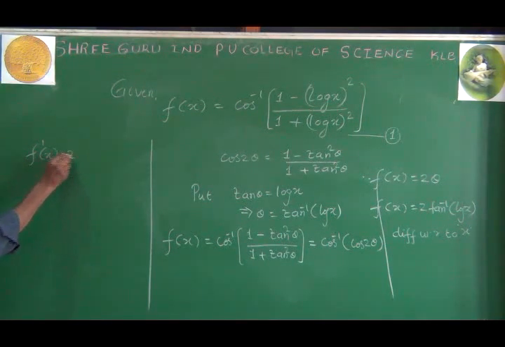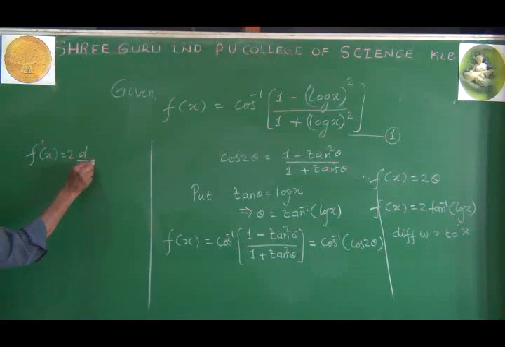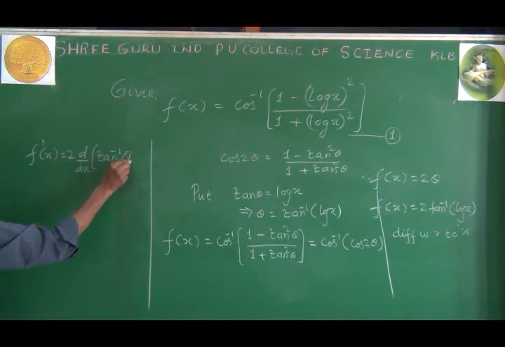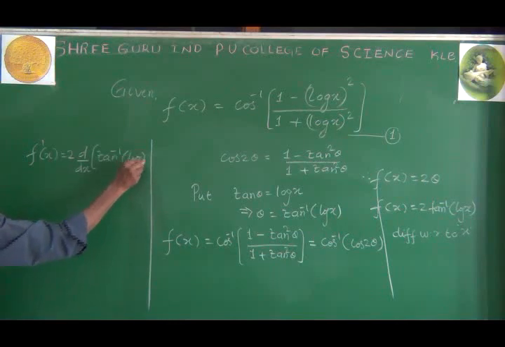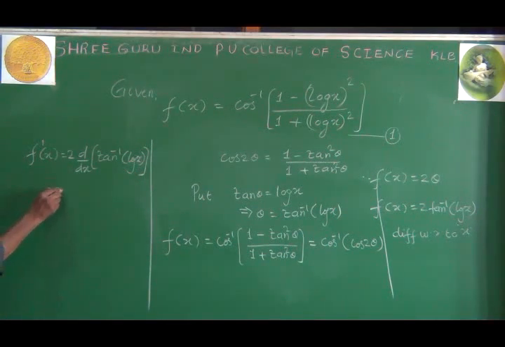On the right side, 2 comes outside because it is a multiplying constant, into the derivative of tan inverse of log x. One must remember all the formulas of differentiation, including composite function formulas.